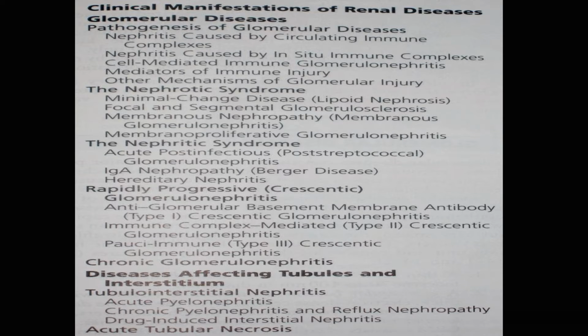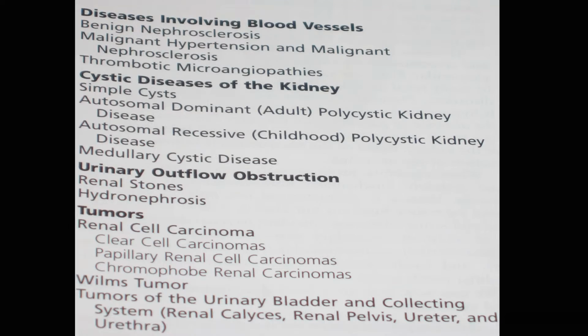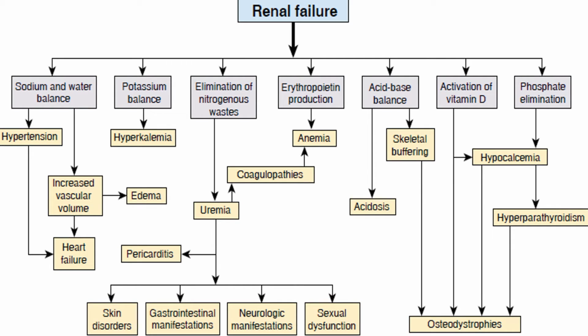And next, diseases affecting tubules and interstitium, diseases involving blood vessels, cystic diseases of the kidney, urinary outflow obstruction, and tumors. In renal failure, there are disorders of sodium and water metabolism and balance, potassium balance, elimination of nitrogenous waste, erythropoietin production, acid-base balance, activation of vitamin D, and phosphate elimination.